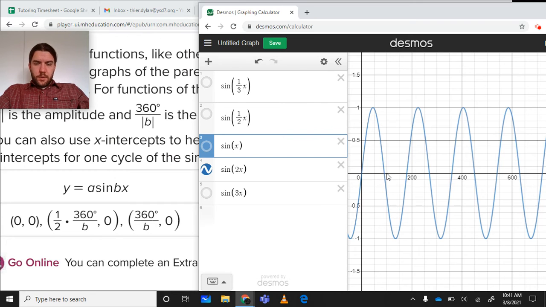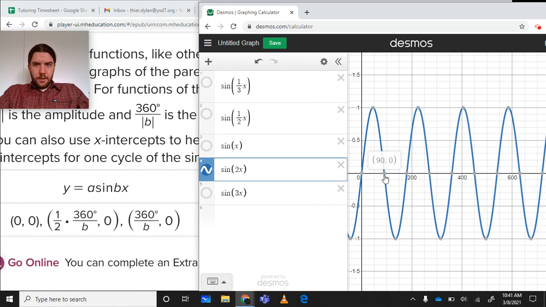We are going to get to our next x-intercept twice as fast. So rather than going all the way out to 180, we only go to 90. That's because we're going to do 1/2 times 360 over 2. 360 over 2 would be 180, times 1/2 would give us 90. So we've gotten to that second x-intercept in half the distance along the x-axis.